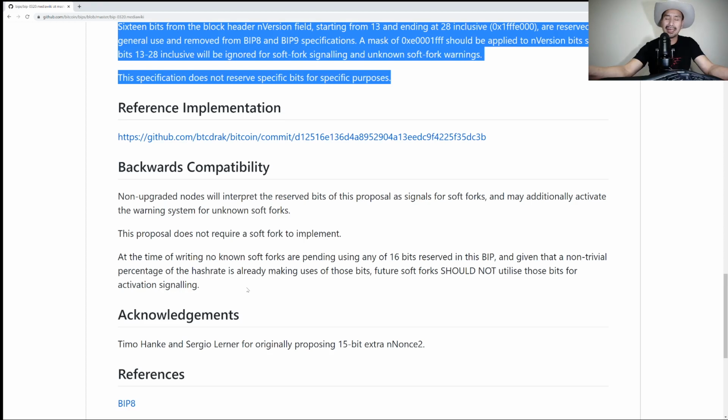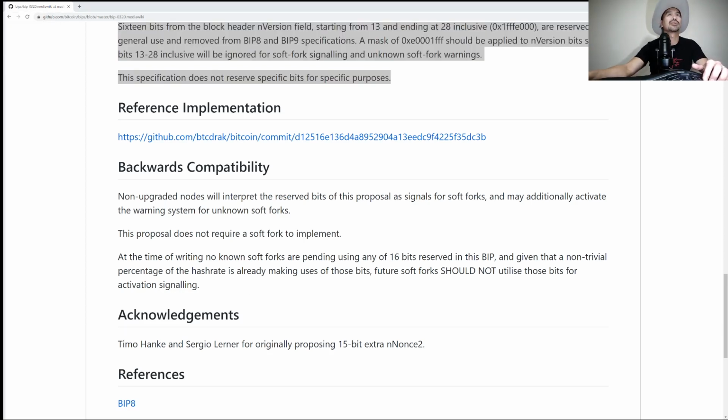I'll have to do some math to figure it out. Let me just do it real quick. 2 to the 16th times 200 is about 13 million. So 13 million milliseconds is 13,000 seconds.